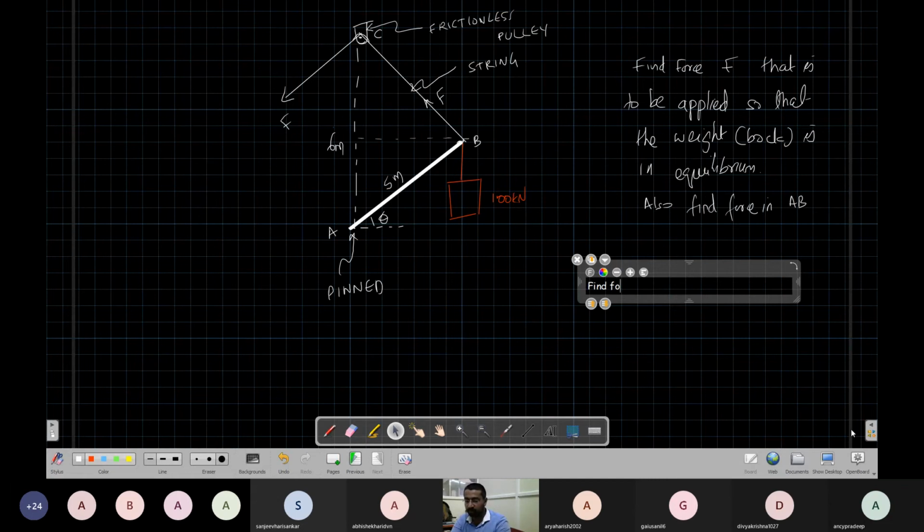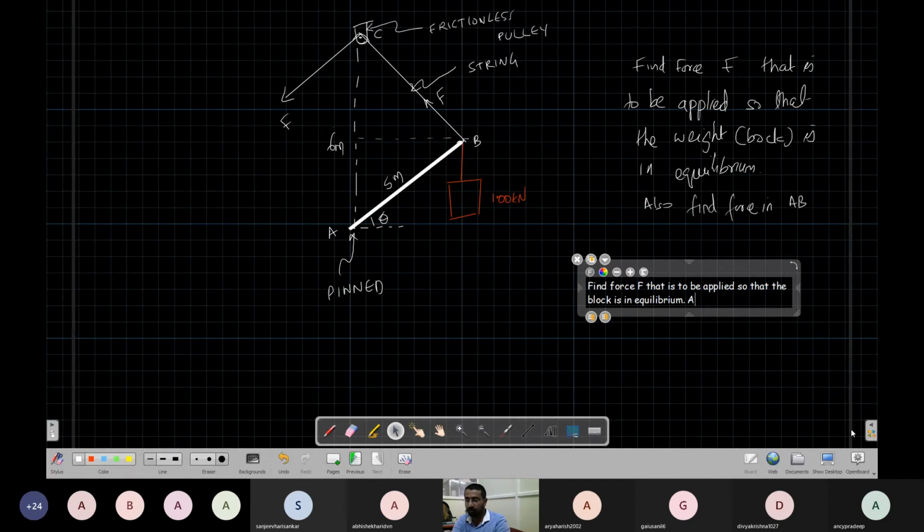Find the force here such that the block is in equilibrium.